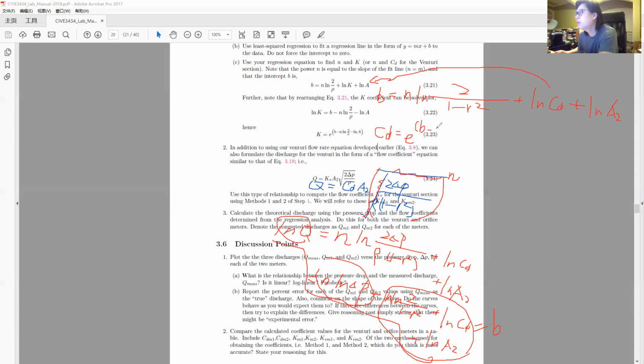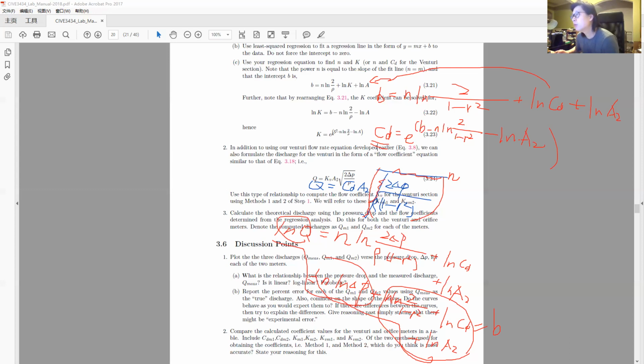CD equals B minus n log 2 over r squared minus log A2. So that's actually how you calculate the CD, the coefficient for the Venturi using method 2.